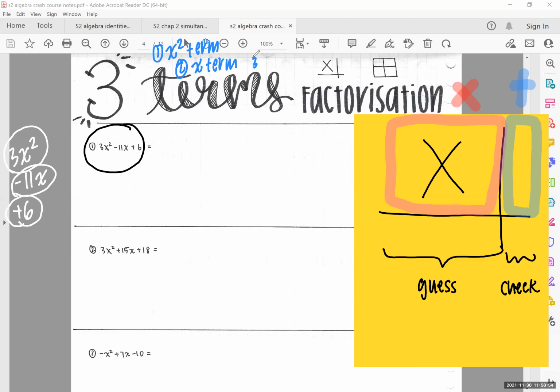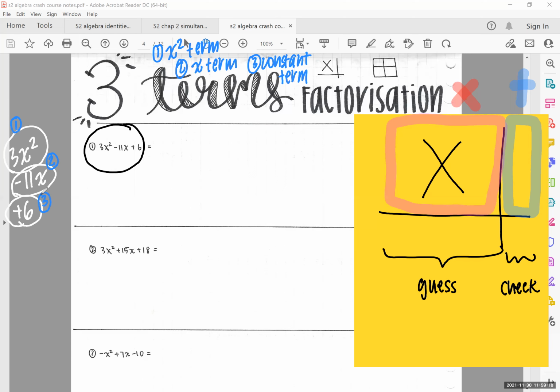And number three, you need a constant term. Write all these into your notes now. What is a constant term? A constant term means no unknown, which for this case is your number 6. So these are the three terms. Number one, x squared. Number two, x term. Number three, constant.